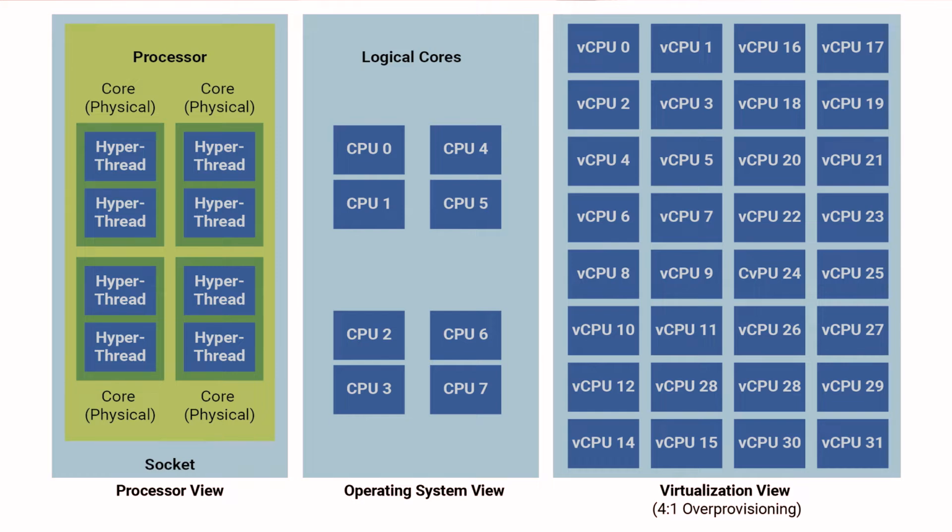Now virtualization comes in. The virtualization view with 4:1 over-provisioning shows total vCPUs to be 32, that is 8 times 4. These 32 vCPUs can then be allocated to VMs using virtualization software such as vCenter in the case of VMware.